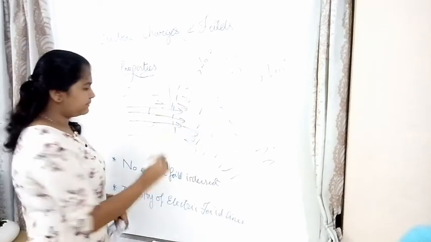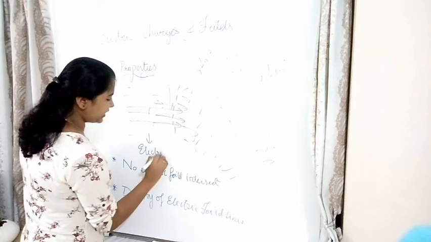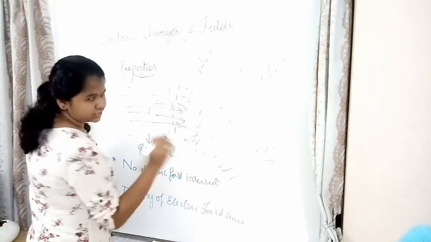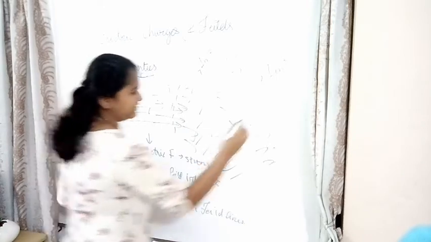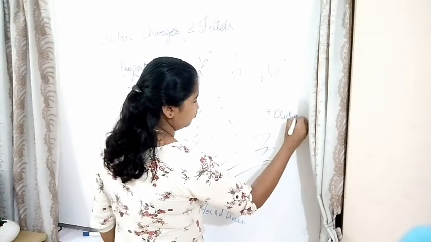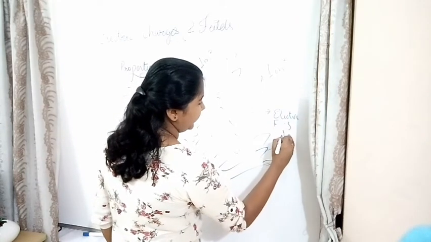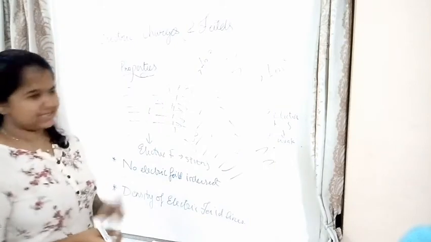So what does this imply? Over here, the electric field strength is strong. And over here, the electric field strength is weak. Okay? So that is all about properties that we have to learn.